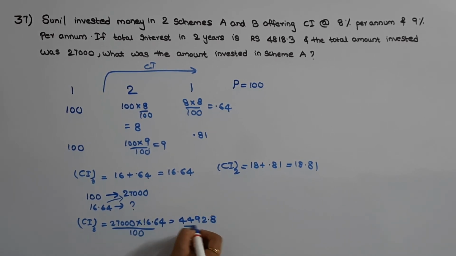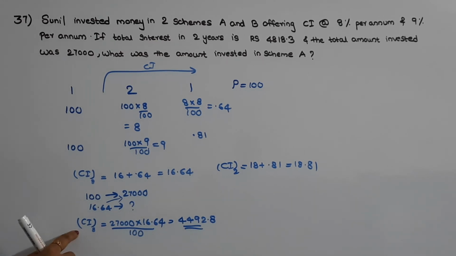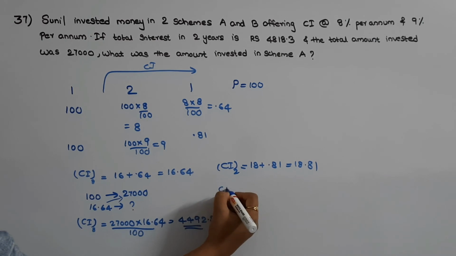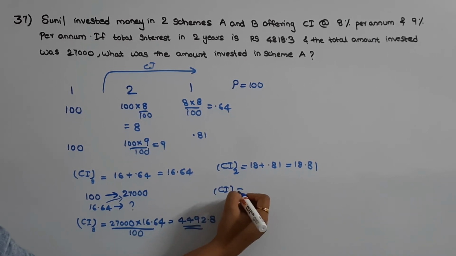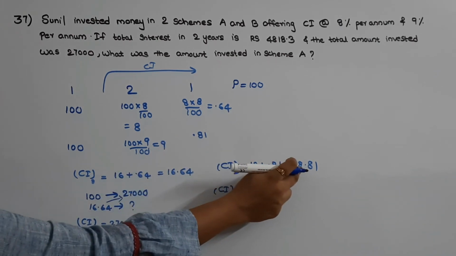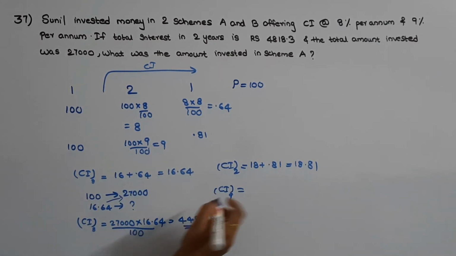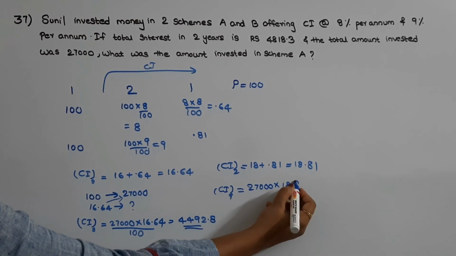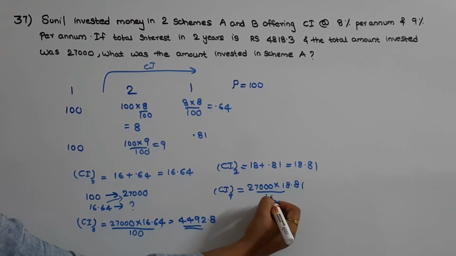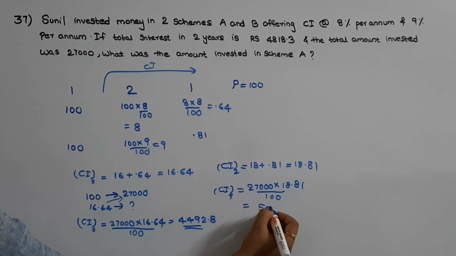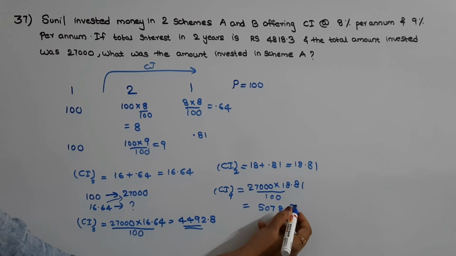Similarly, you need to find the compound interest when the rate is 9. So when the rate is 9, compound interest will be equal to 27,000 into 18.81 by 100. If you solve, you will get the answer as 5,078.7.